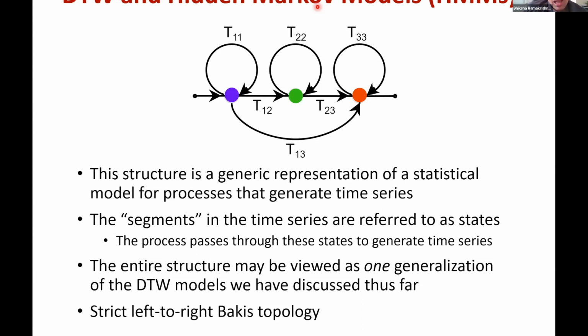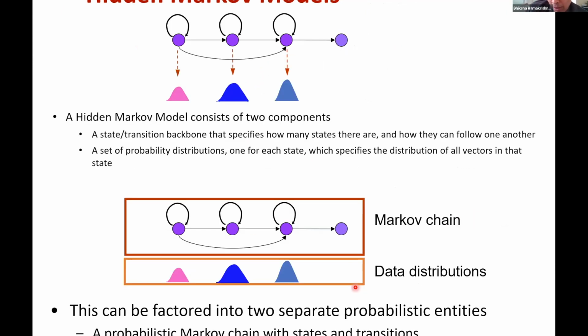So this model is a general statistical model for processes that generate time series. The segments in our time series are what we call states. And it's actually one generalization of the DTW models we've discussed so far. In fact, there's a name for this model. Once you begin introducing these transition penalties, it's called a hidden Markov model. So an HMM basically consists of this.